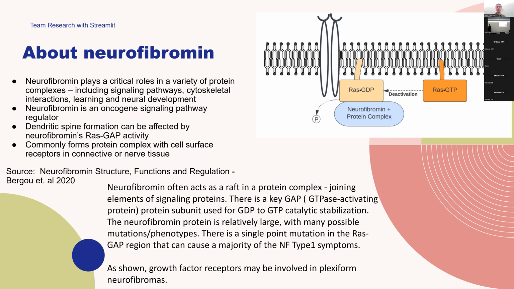And there are growth factors out here, things like when you cut yourself and things in the area prompt the formation of scarring tissue. Those growth factors signal the cell.